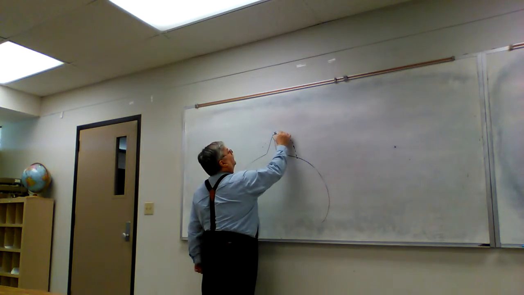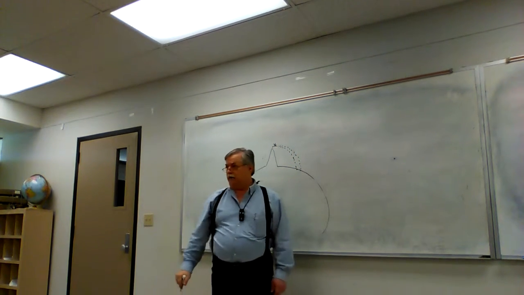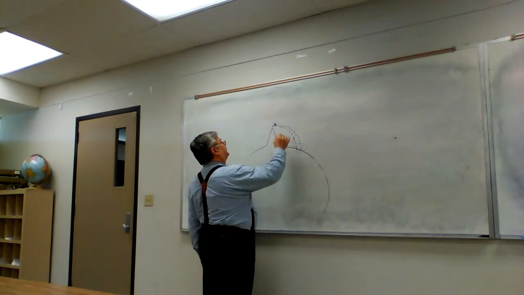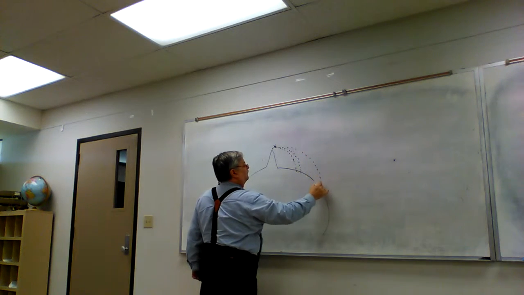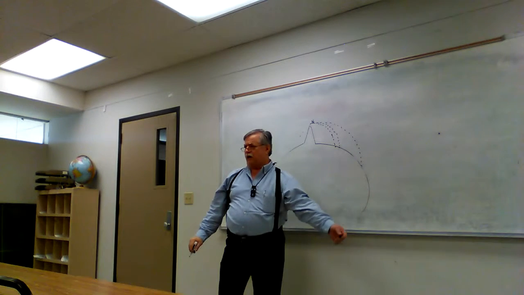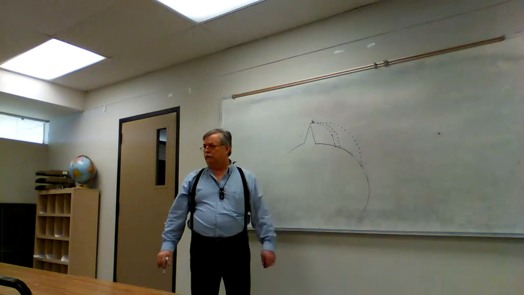Well, then it'll go a little bit further before it hits the ground. And then if I throw it even faster than that, it'll go even farther. And it might go all the way beyond the horizon, beyond as far as I can see, before it finally hits the ground.